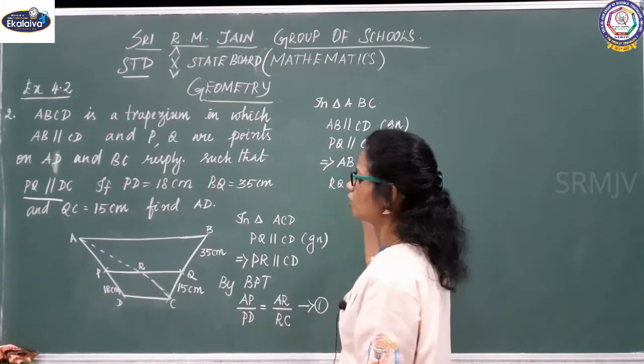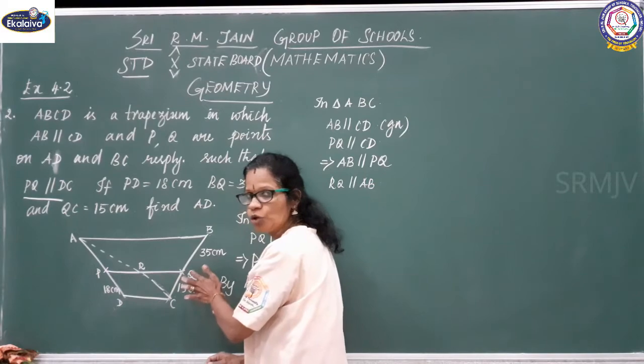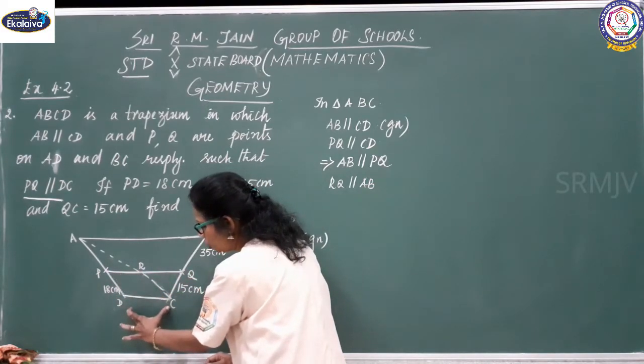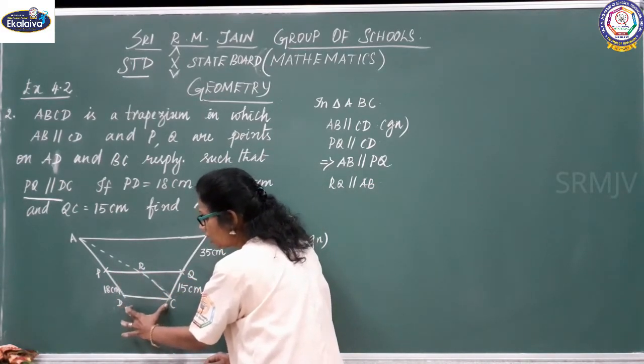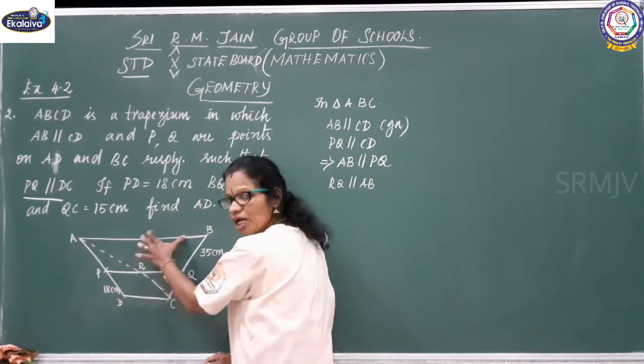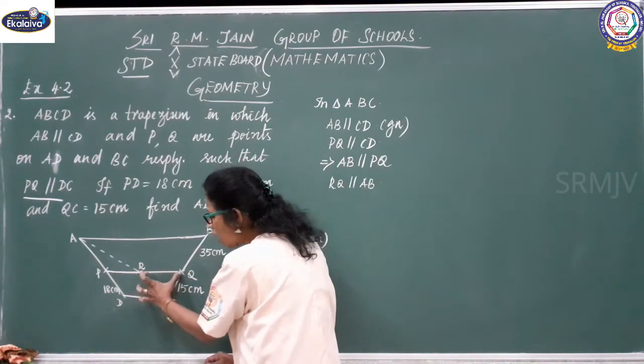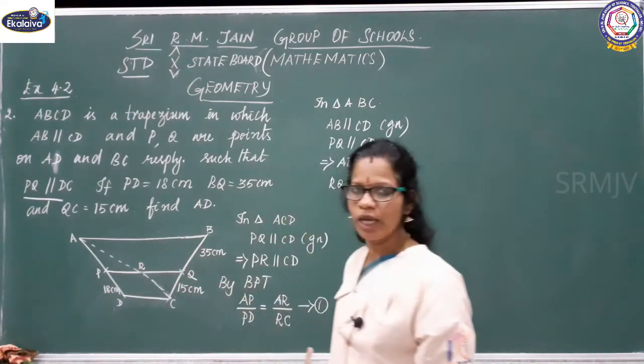Will you agree or not, children? Because R is lying on the same line PQ. PQ is parallel to CD, and CD is parallel to AB, which means PQ is parallel to AB. So RQ is also parallel to AB.